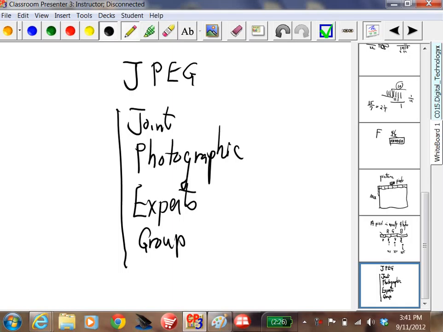The thing about JPEG is it doesn't take much room. You compare storing a picture in JPEG to one of these other methods. JPEG doesn't store things pixel by pixel. What JPEG does is it says, are there any big areas that are just all the same? Like that white picture that had nothing in it.